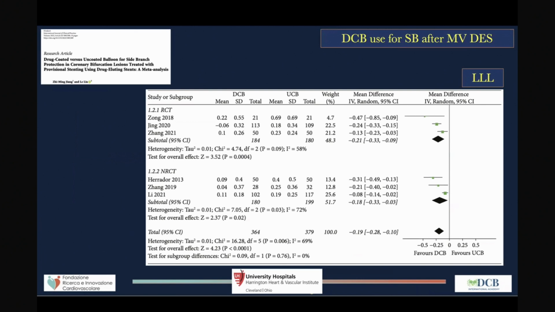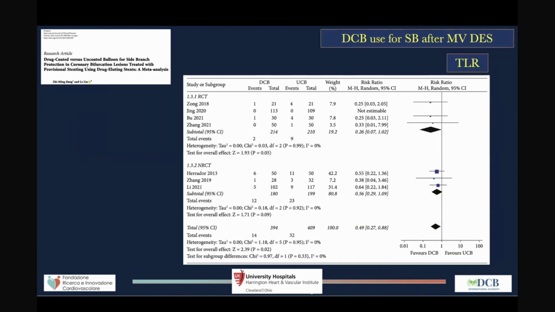We have meta-analysis also for this. We know that the late lumen loss is negative, and it is much better as compared to POBA for the side branch. And we know that, again, for the side branch, the TLR rate is lower.